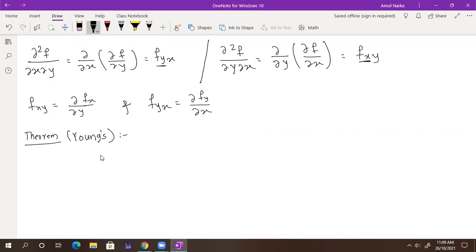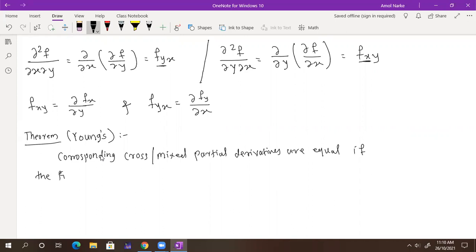Young's theorem: cross partial derivatives, or corresponding cross or mixed partial derivatives, are equal if the first order partial derivative is continuous.